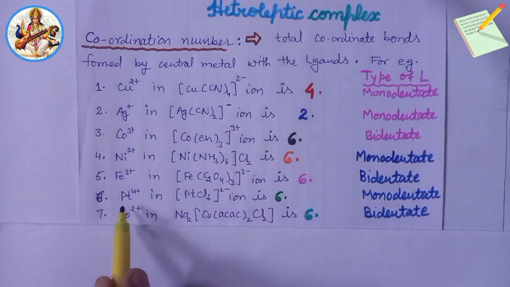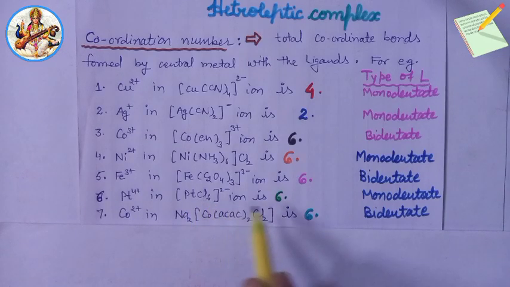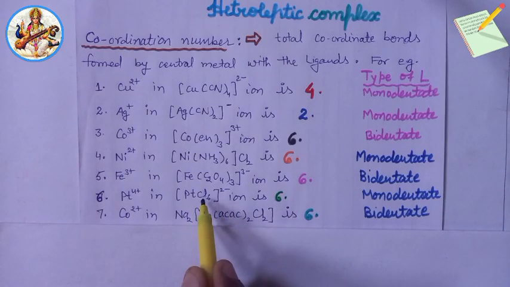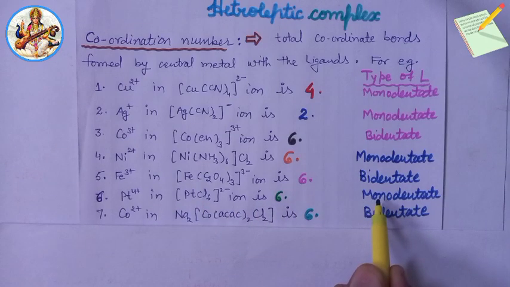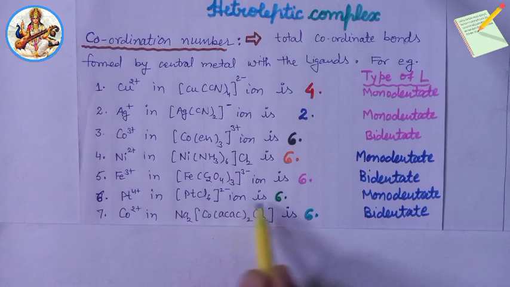Very important. Next example, the coordination number of platinum 4+ in the complex ion is 6. We know that chlorido is a monodentate ligand, therefore the coordination number of platinum 4+ in this complex ion is 6.